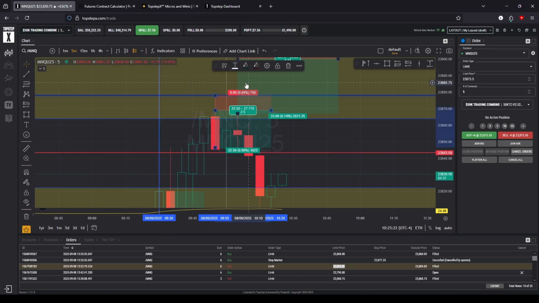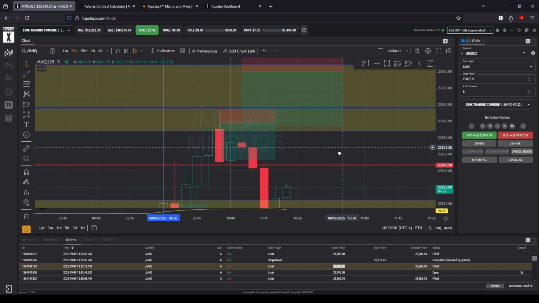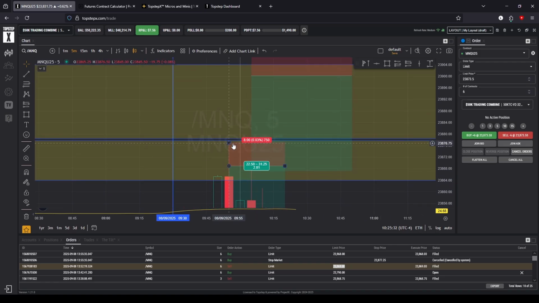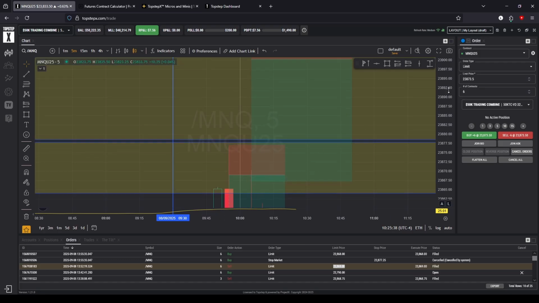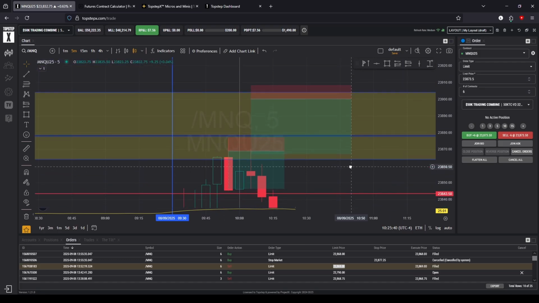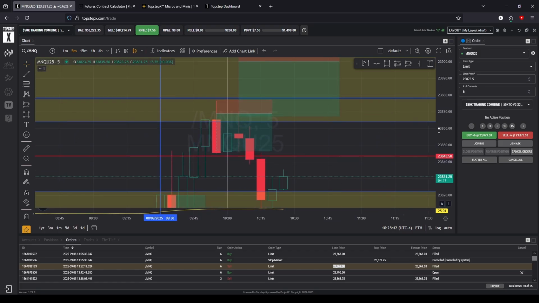Okay, maybe I'm getting a bit salty about it. So it executed there. I think I had my thing at 8. You see, it didn't hit it exactly. I don't know if the video shows it clearly or not, but it would have just barely rejected from my stop loss.